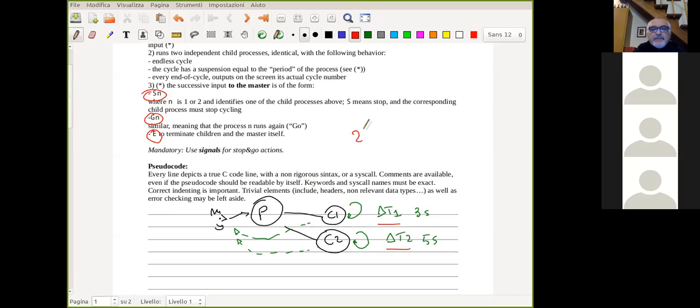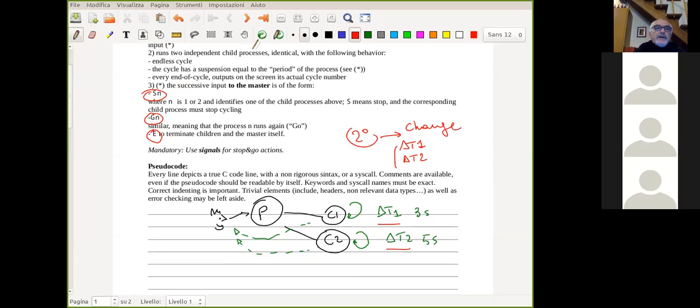The second step, not written here, is to change DT1 and DT2. Change in the sense that you can add commands.